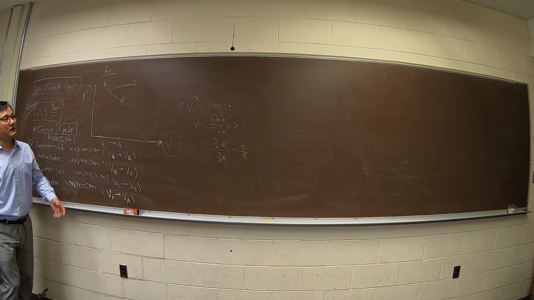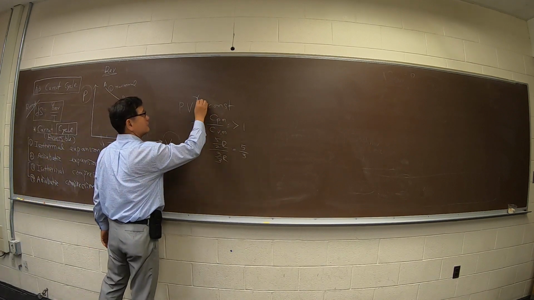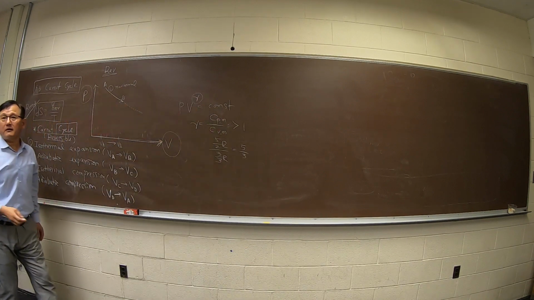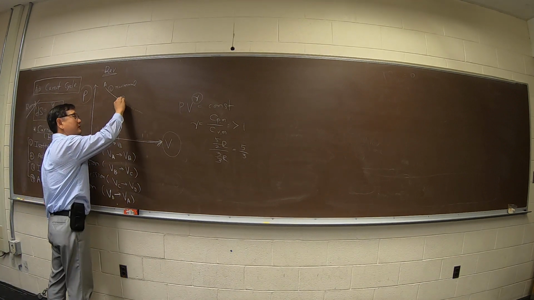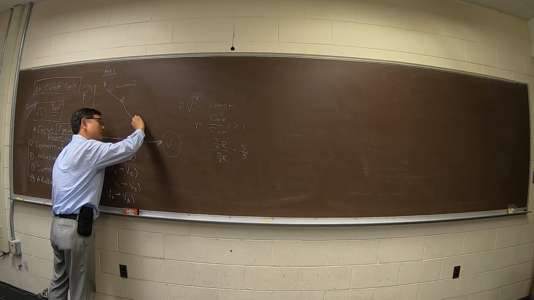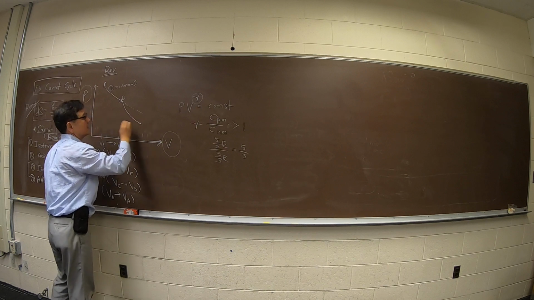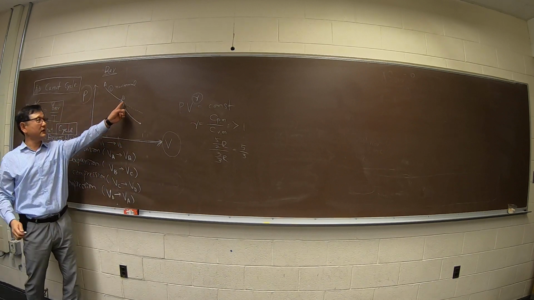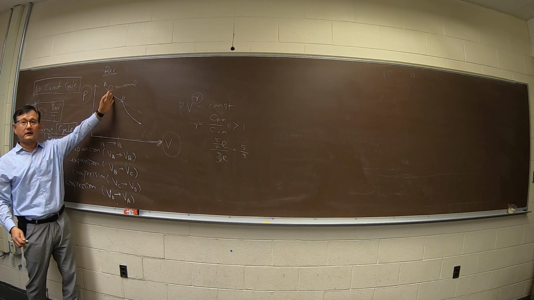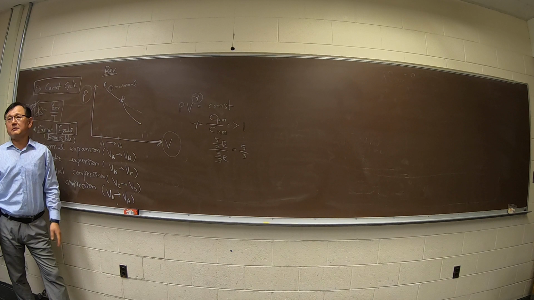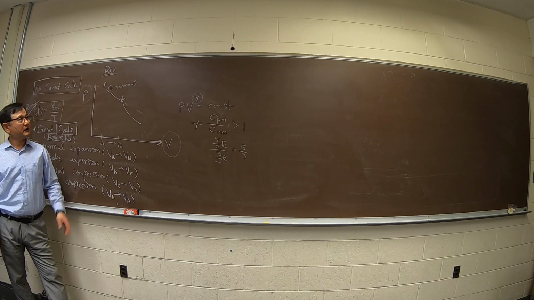That's bigger than 1, so this one is always guaranteed to be bigger than 1. So when this happens, the pressure drops more sharply than it would in the isothermal. Because it's adiabatic, the drop is sharper. Does it make sense?